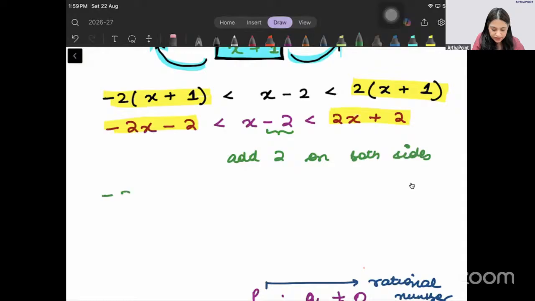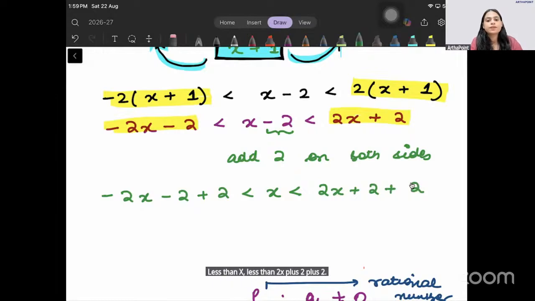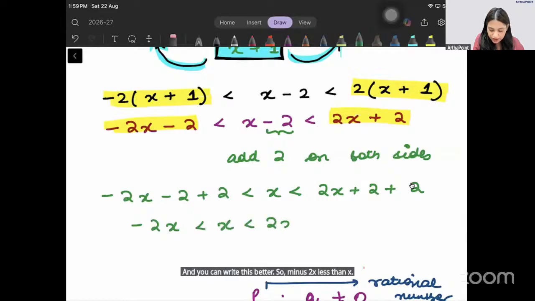So I will get minus 2x minus 2 plus 2 less than x less than 2x plus 2 plus 2. Right? And finally, you can write this better. So minus 2x less than x less than 2x plus 4.